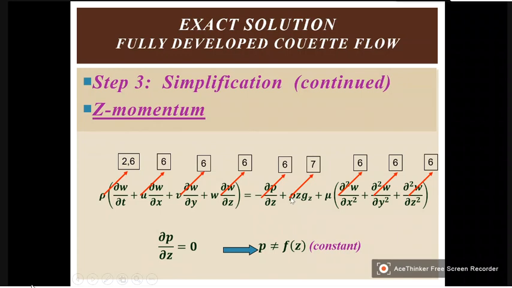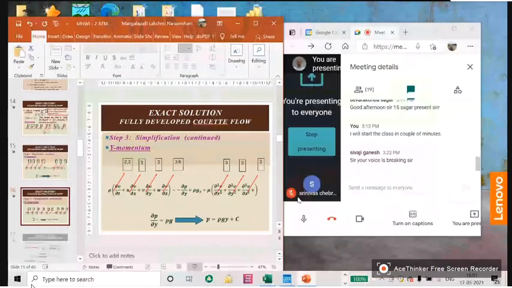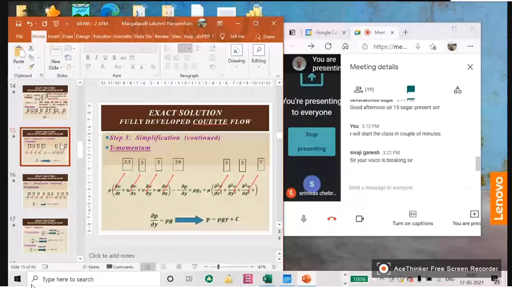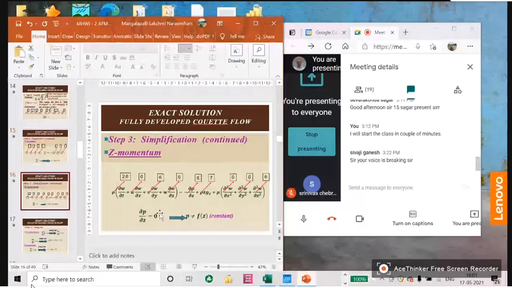Then GZ is 0. It's only rho GZ, not rho GGZ, rho GZ. I'll correct it.